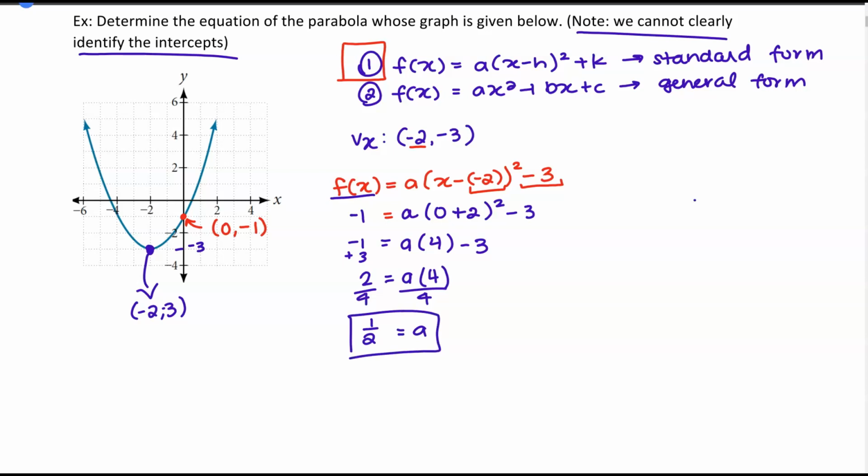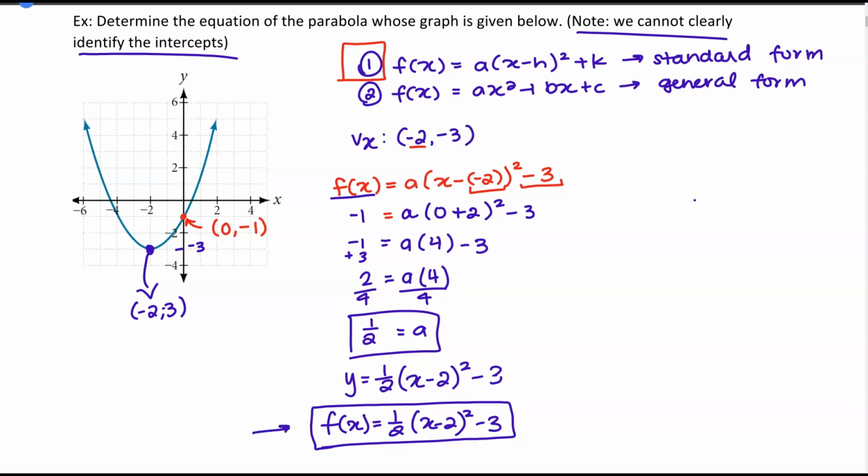Now that we know that a equals 1/2, this means that the equation we have is y equals 1/2 (x plus 2) squared minus 3, which can really be written as the function, right? So our f of x is equal to 1/2 (x plus 2) squared minus 3. Okay.